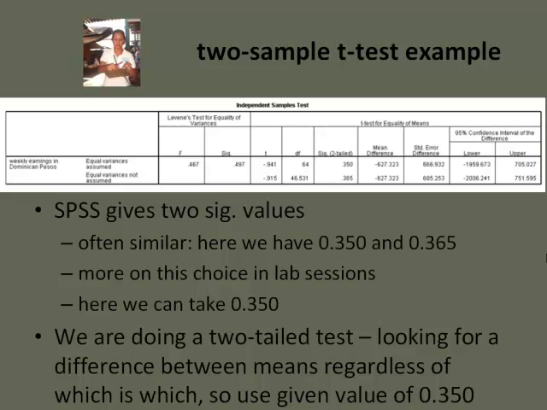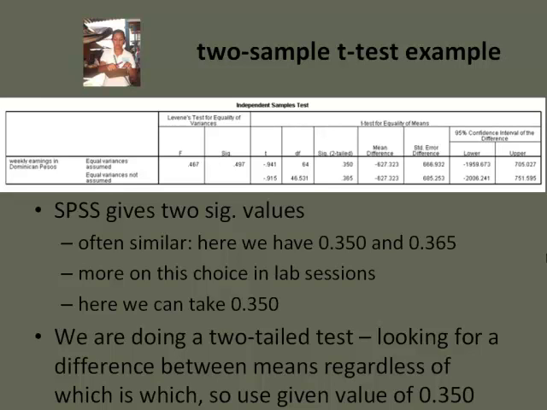In SPSS, it gives two different independent t-tests. These are the significant values. Often they're very, very close. It's down to the question of whether or not you can assume the variance in those two populations is the same.